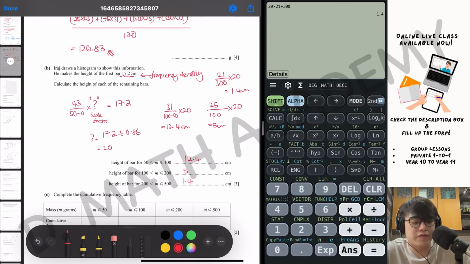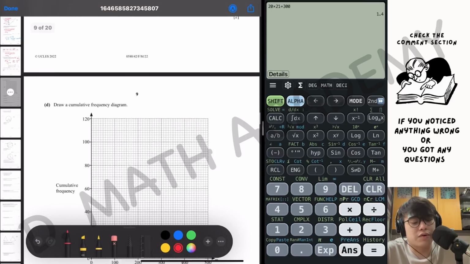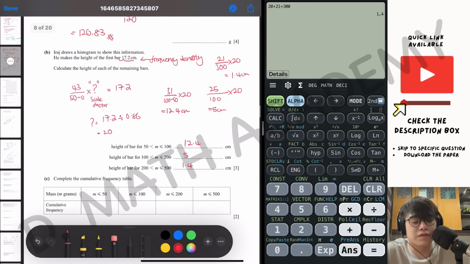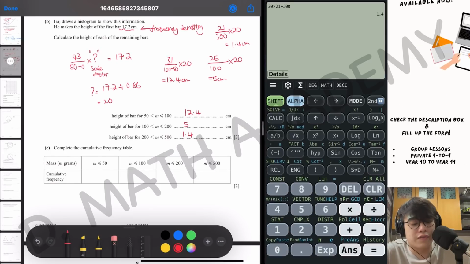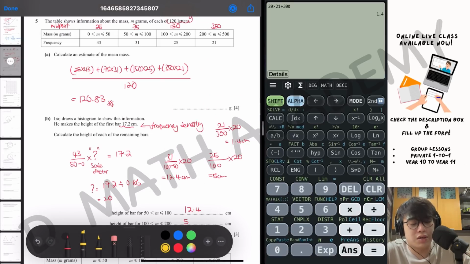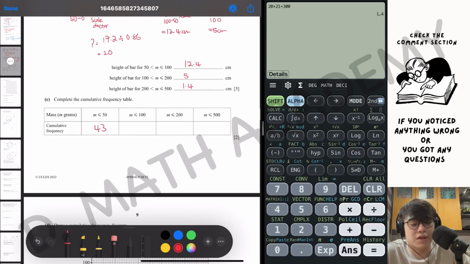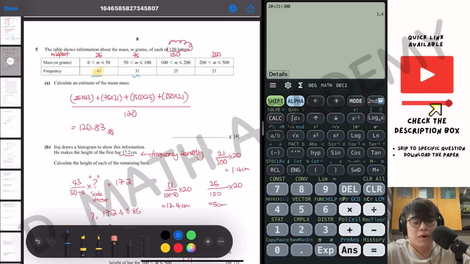Okay, so with this information, you can... Oh, they didn't ask us for a frequency density graph, but instead they asked us for cumulative frequency. So for the first section, you just refer to this. It should be 43. Then for the next one, kindly take note, you are taking both the 43 and 31, you add them together.